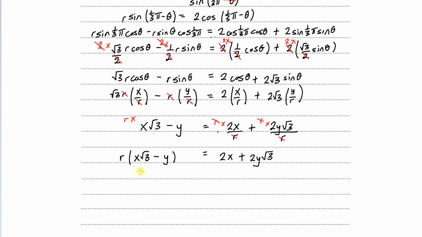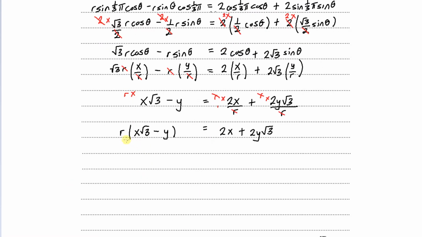Now using the special results, on the left side we can have r as the square root of x squared plus y squared, and that's multiplying the bracket x root 3 minus y, and that should be equal to, here I can factor out 2, so that's 2 of x plus y root 3.